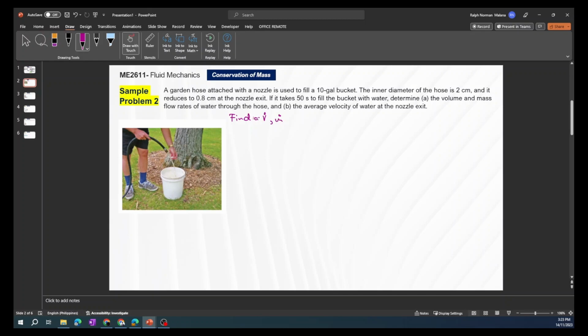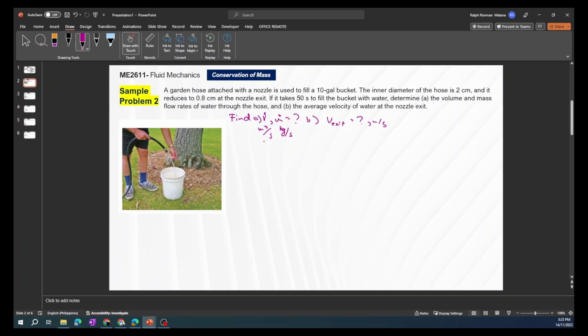So that's our A. We're also here to determine the average velocity of water at the exit. So we're going to need V exit or V2, so to speak, and it's going to be in meters per second. This one is going to be in meter cube per second, since we're all using metric units naman, and this is going to be kilogram per second.